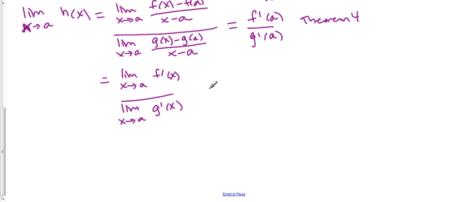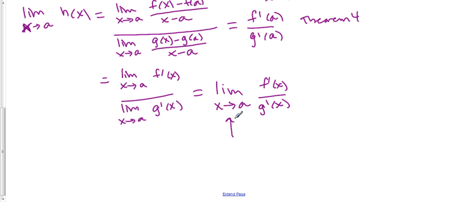And of course, using my properties of limits, I can say that this is the limit as x goes to a of f prime of x divided by g prime of x, which is in fact the stronger form of L'Hopital's rule. It's theorem 5, and because I have this limit here, if I end up with infinity over infinity, then I can apply L'Hopital's rule again.